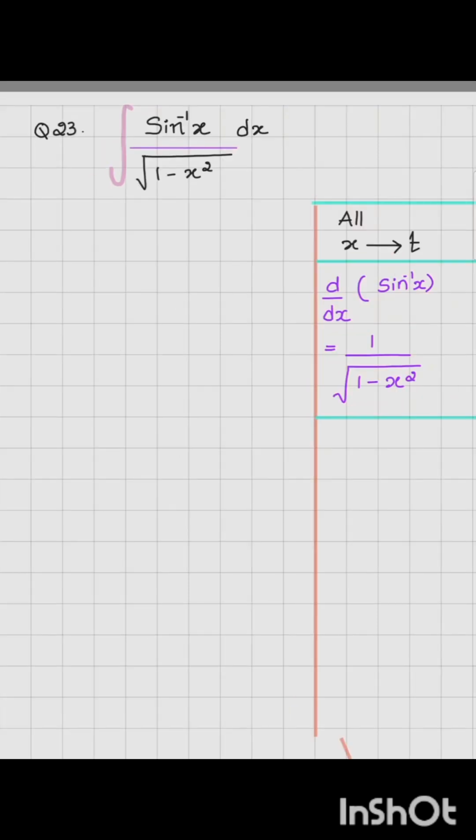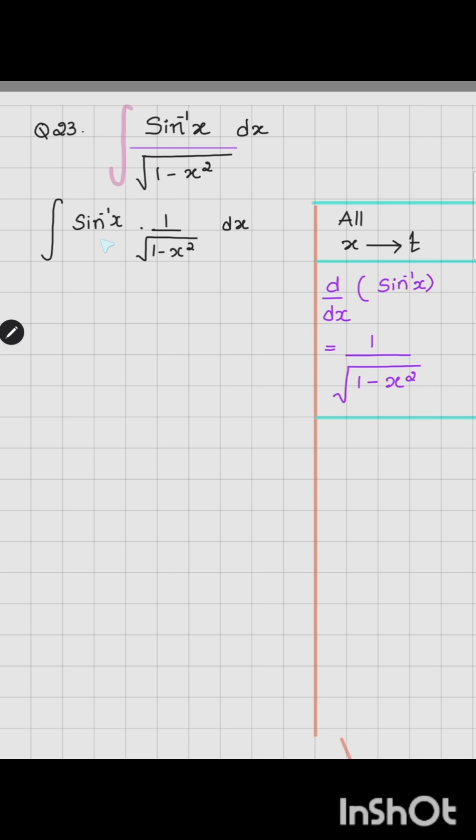Now the 23rd one: we have to find the integral of sine inverse of x divided by square root of 1 minus x square with respect to x. This can also be written as the integral of sine inverse x into 1 divided by square root of 1 minus x square with respect to x. If we multiply them, we get back the previous step.